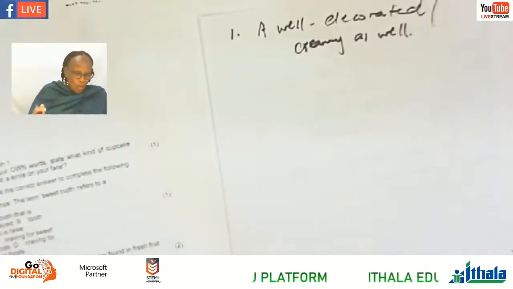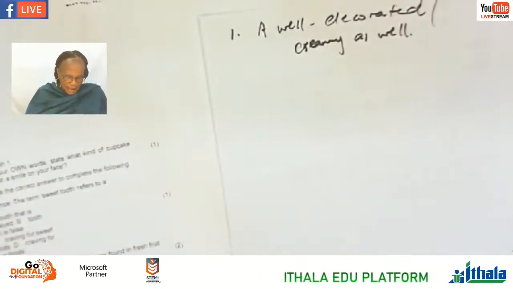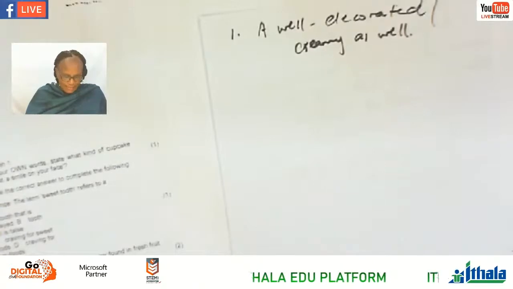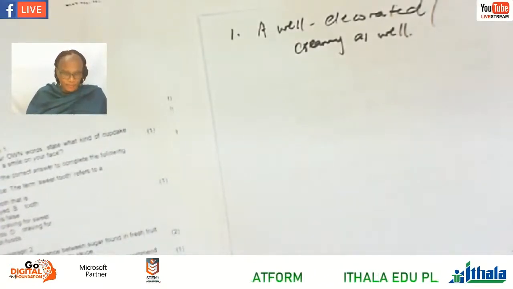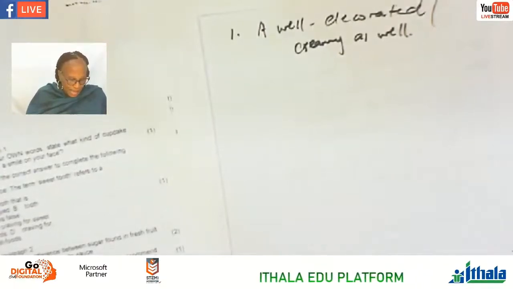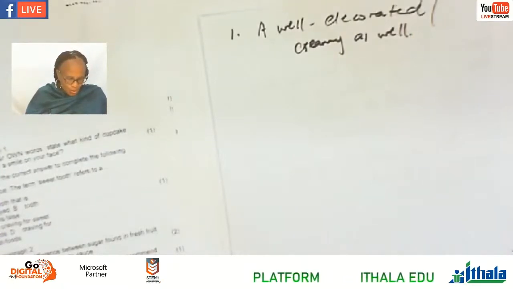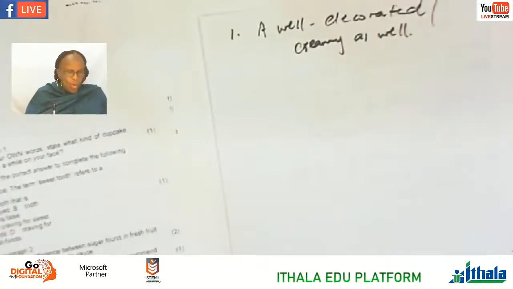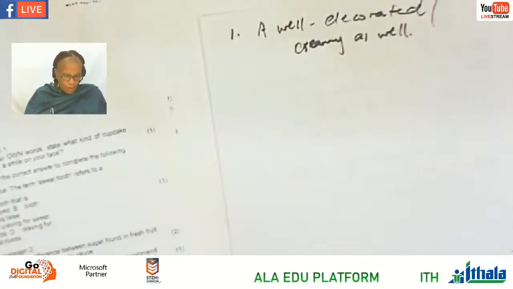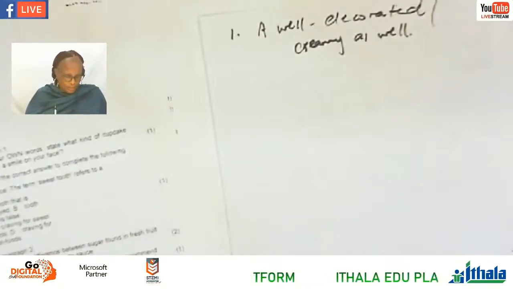Bese kuthi 1.1.2. But choose the correct answer to complete the following sentence. The term sweet tooth refers to, we are choosing A tooth that is decayed, sweet tooth. B, a tooth that is false. C, craving for sweet foods. And D, craving for fast foods.